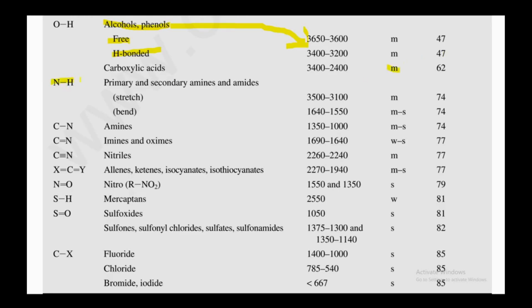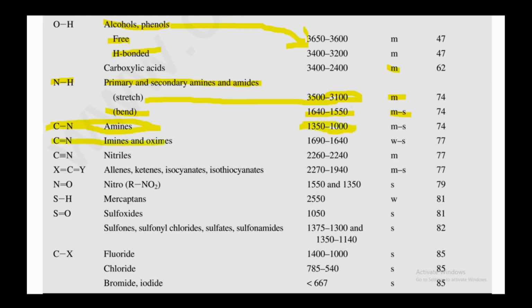And for the primary NH, primary and secondary amine and amides, the stretching occurs at around 3500 to 3100, and the peak intensity is medium. And the bending occurs at around 1640 to 1550, peak intensity might be medium to strong, and CN for amines gives you a peak at around 1350 to 1000.